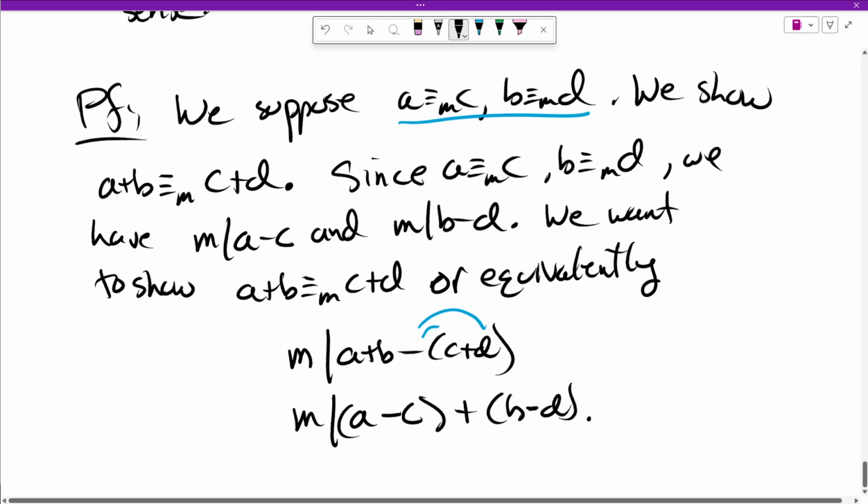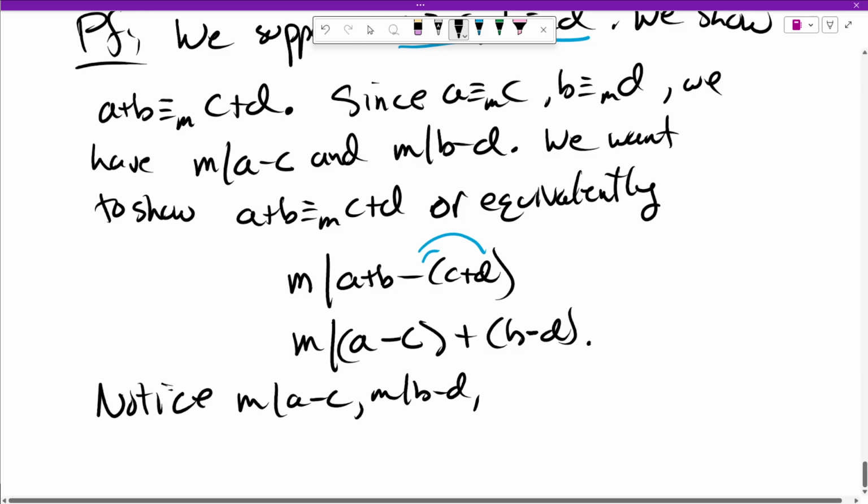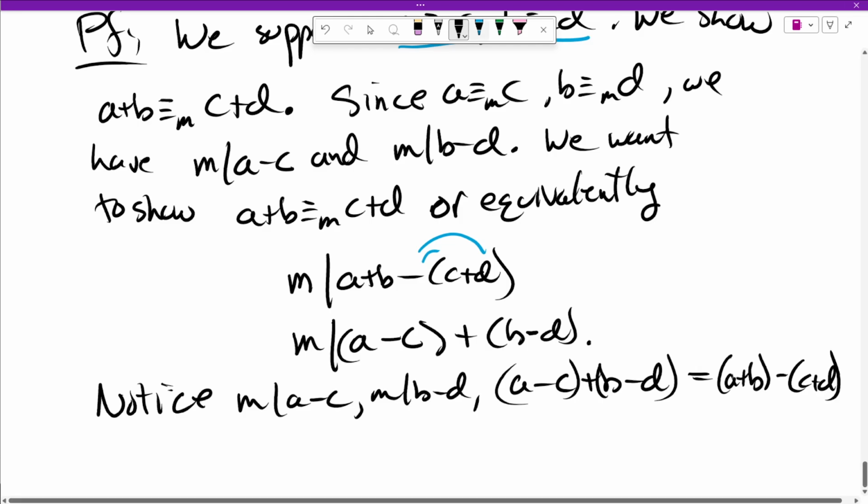And now I'm going to remind you that you prove the 2 out of 3 property. So let's just notice that m divides A minus C, m divides B minus D, and (A minus C) plus (B minus D) is equal to A plus B minus (C plus D). So m divides the first term, m divides the second term, so m must divide the third term.